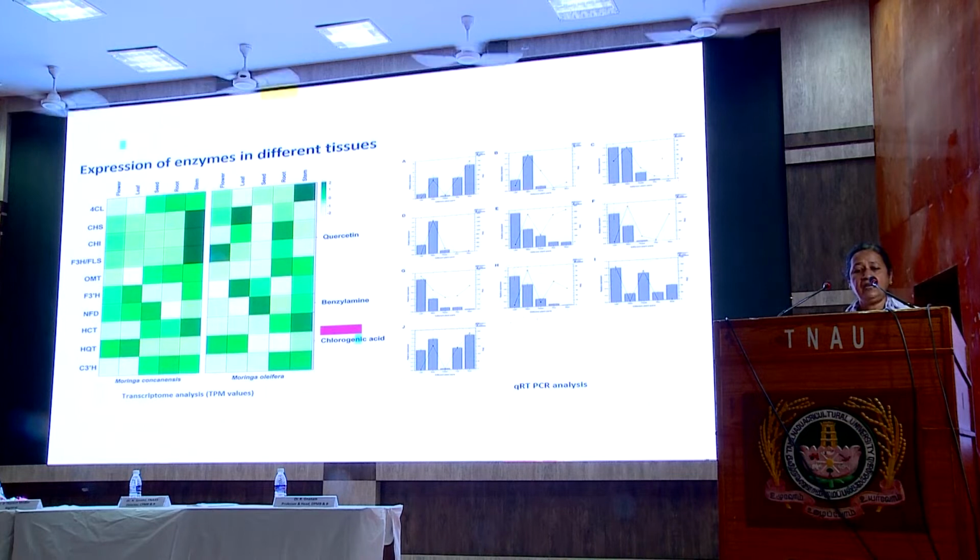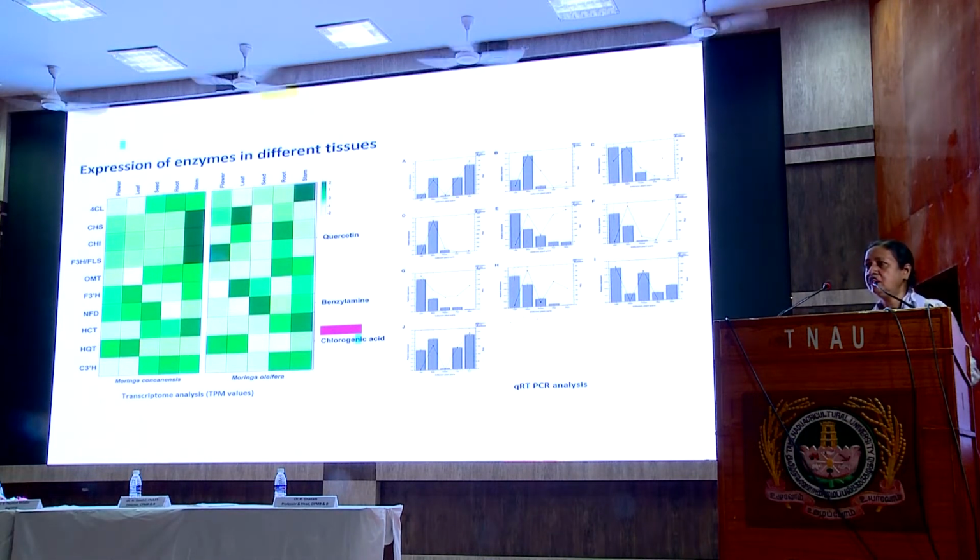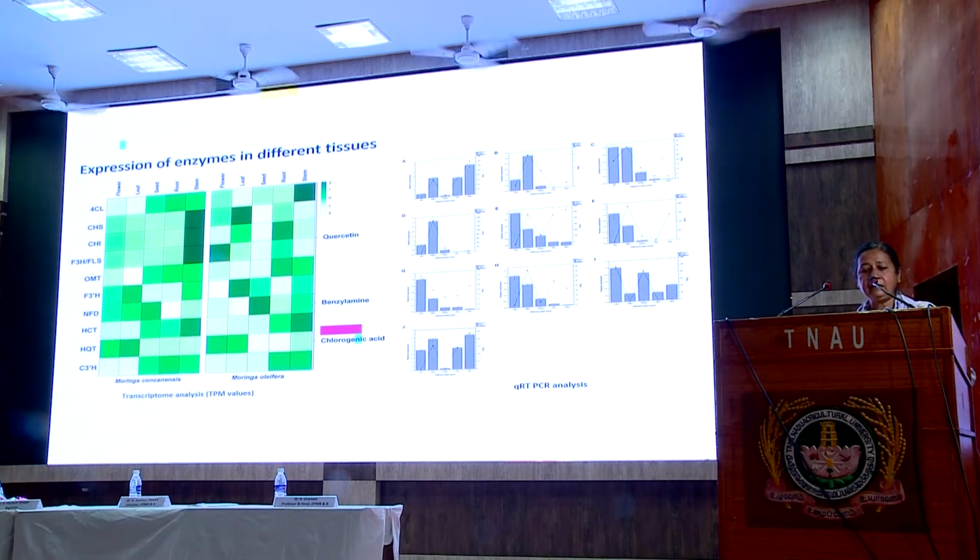And since there are 6, 2 and 9 different enzymes involved, this heat map is a way for us to compare and appreciate how not only the two plants differ from each other in harboring the enzymes of interest, but also how the different tissues, namely flower, leaf, stem, root and so on, are holding the different enzymes. These have been carefully calculated, and these are called TPM values, transcripts per million of the RNA reads that are observed in the different tissues between the two plants.